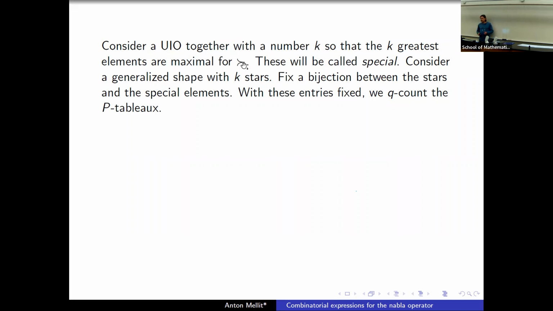On the other hand, we will have shapes with k stars. And we will also fix exactly what we are putting in those stars, which special elements you put in those stars.